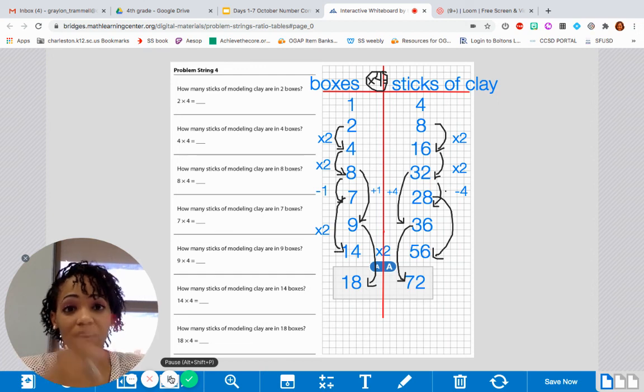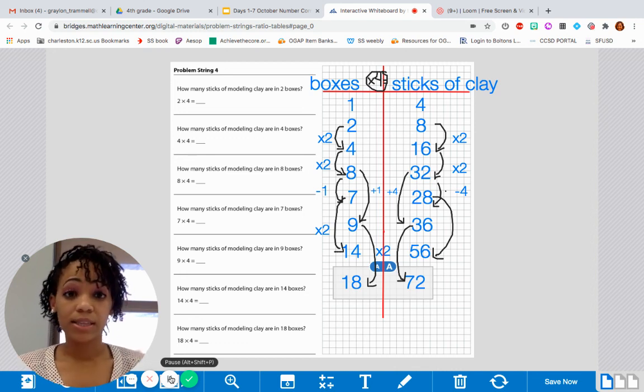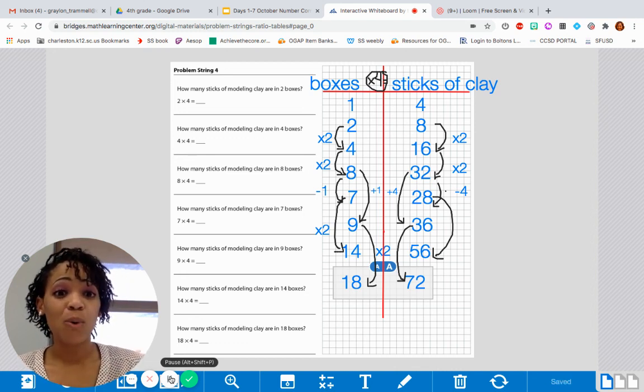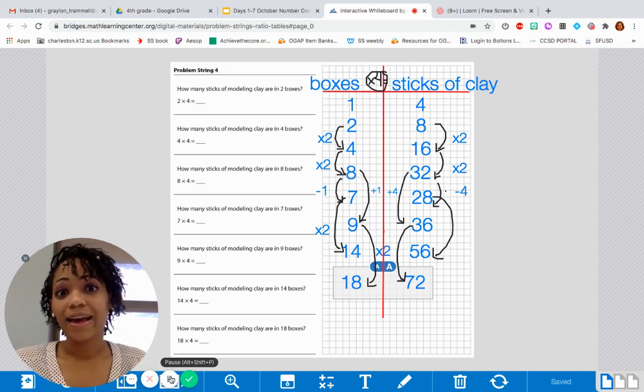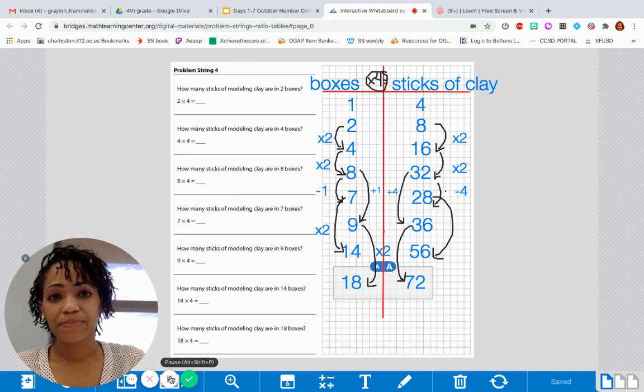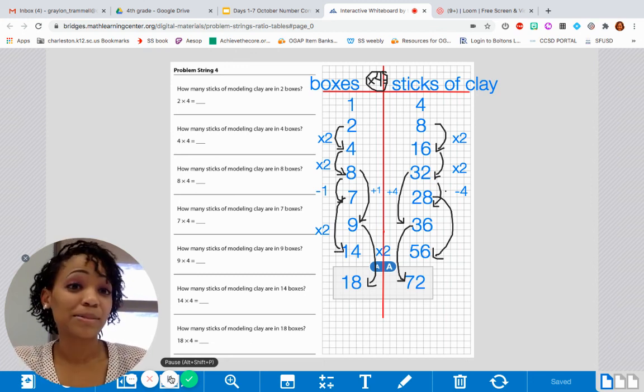Right. If you take one away, that's really taking away one group of 4 in this case, because one group has 4 sticks of clay. So you can take away one group, which is really taking away 4, or you can add one group, which is really adding 4.